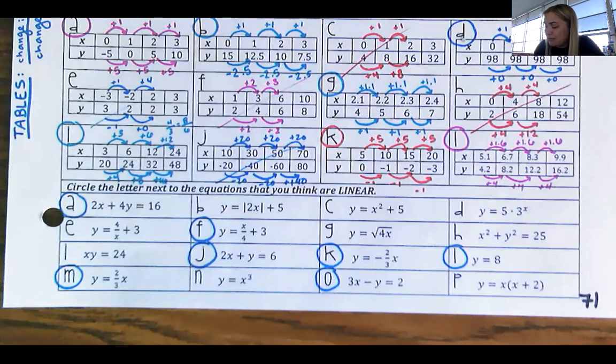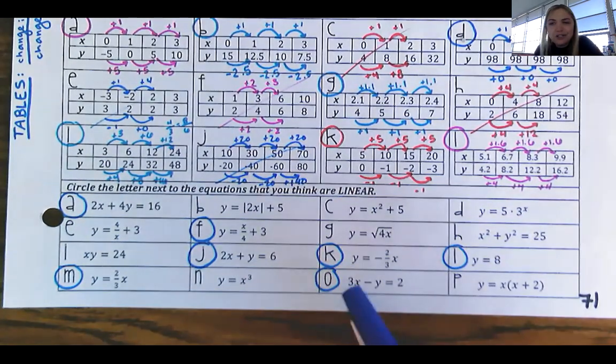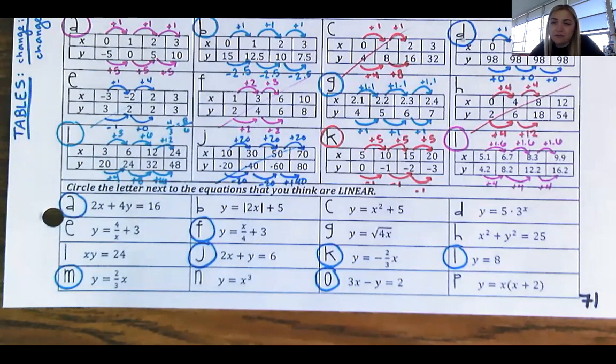Sometimes they had numbers in the denominator, but we know x over 4 could also be written 1/4 x. So again, not too crazy. Almost all of those could be easily solved for y, and they would look like y equals mx plus b. So we know it's linear if it looks like that.